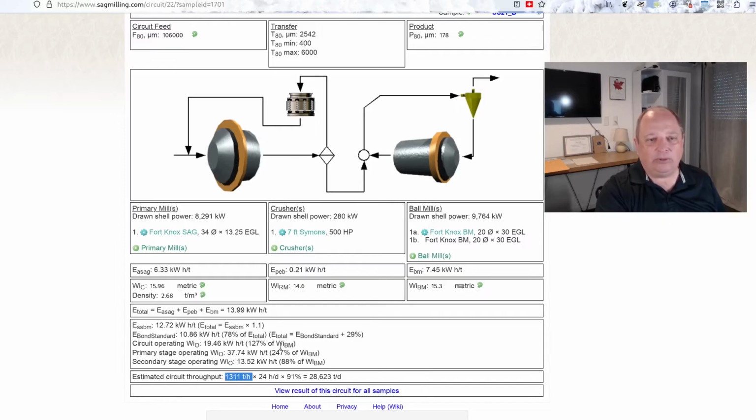So the overall operating work index for the circuit is actually a little bit higher than what we see in the laboratory tests by 20 to 25%. And that's normal. This is why we say that SAG mills are a little bit less efficient than classical equipment like rod mills and cone crushers.